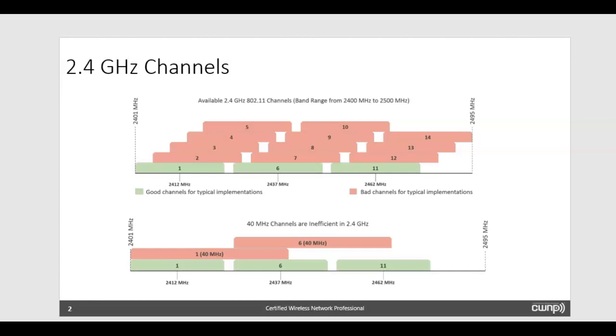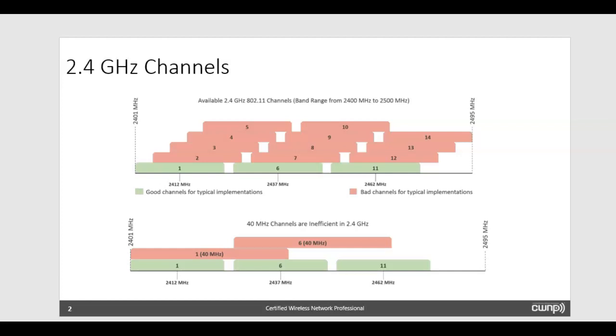Most regulatory domains allow for only channels 1 to 11, but do know that there are other regulatory bodies that may allow the additional 3 channels.